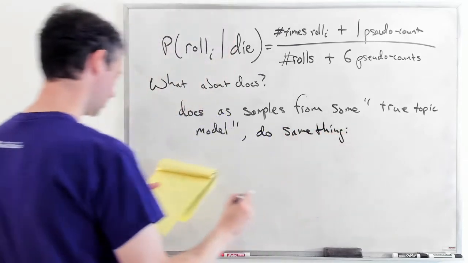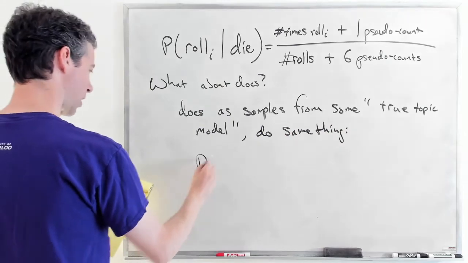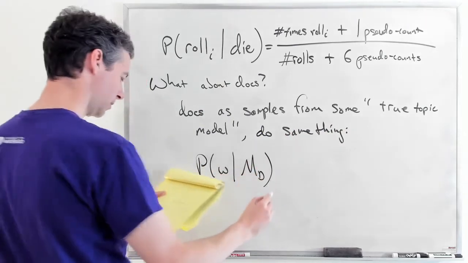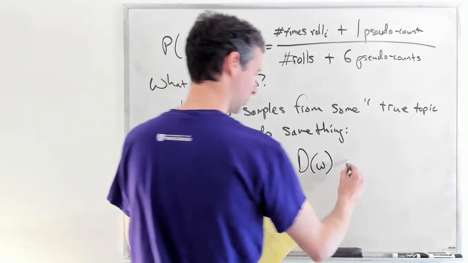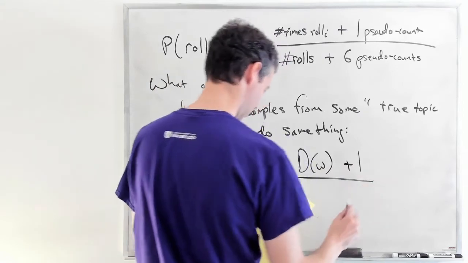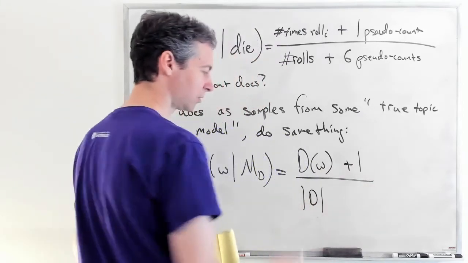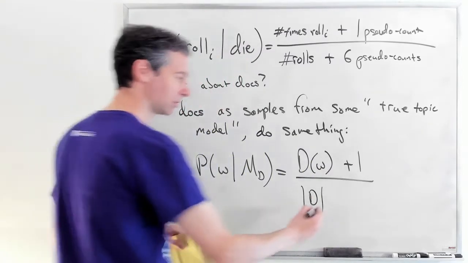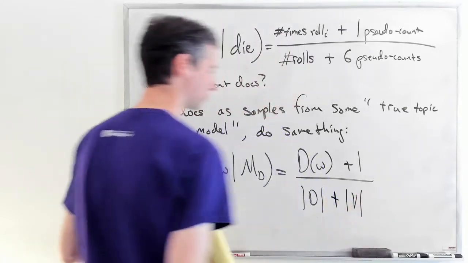So now we end up with the probability of a word, given our model of our document, is going to be equal to the count of the word in the document plus the one pseudo count, all over the number of words, the total length. So it's not unique words, it's the length of the document plus the size of the vocabulary.